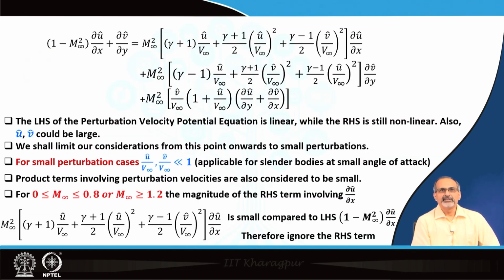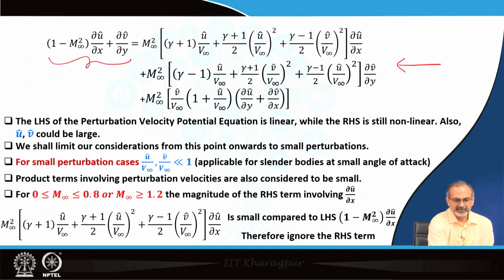By putting all these things together into the velocity potential equation and arranging the terms, you will finally be able to show it in a form like this, where the left hand side is nice and linear, while the right hand side still contains a lot of non-linearity.